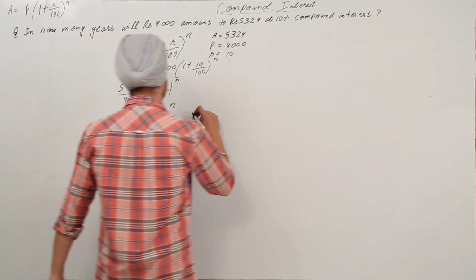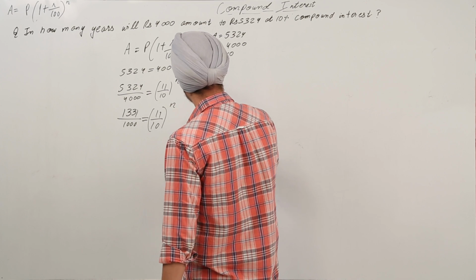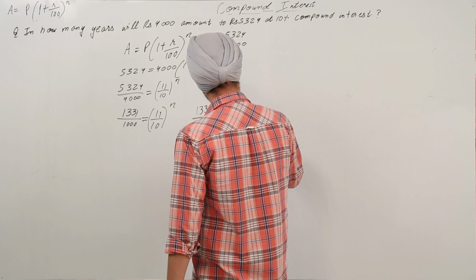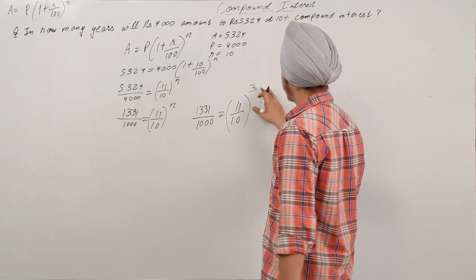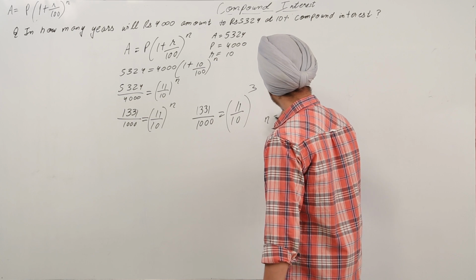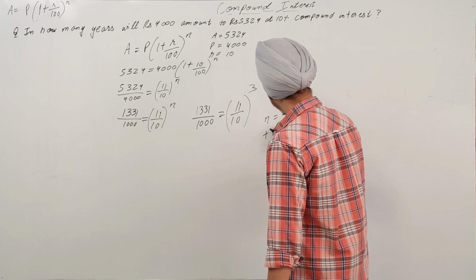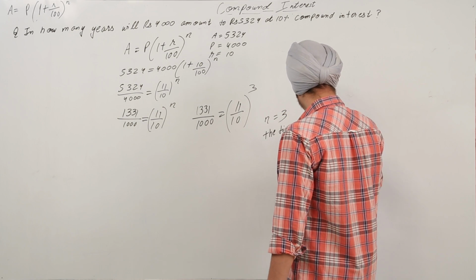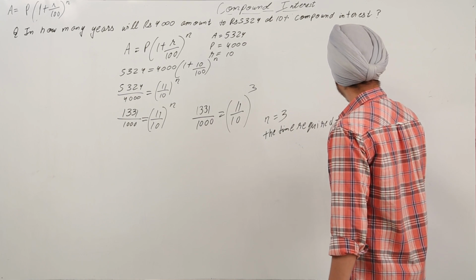So we have 1331 upon 1000 is equal to (11 by 10) raised to power 3. So n here is equal to 3, which means the time required is equal to 3 years.